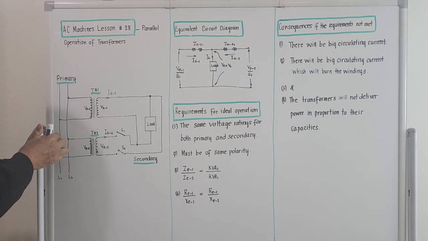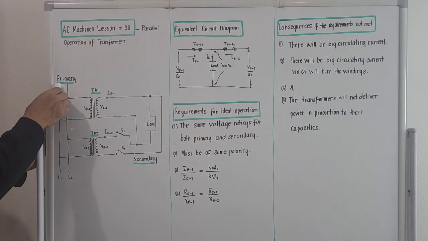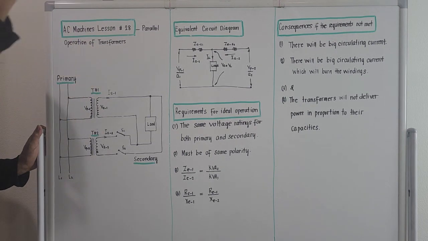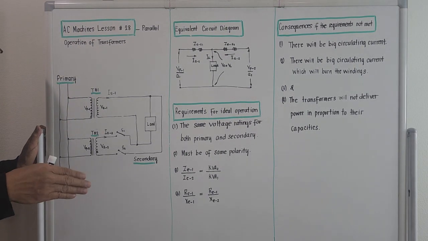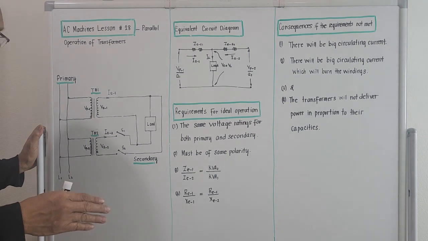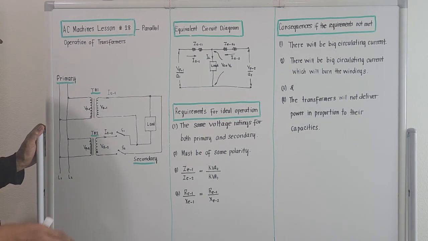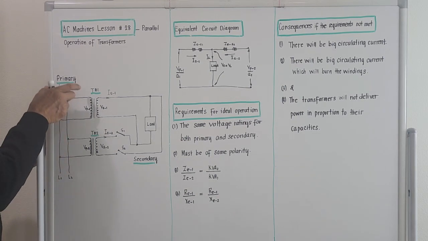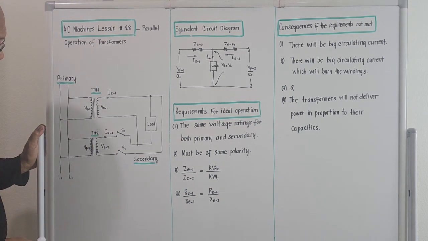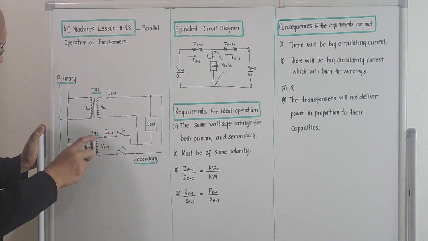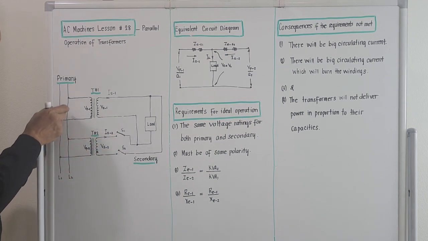These two lines here are the so-called primary line. This comes from the power plant. It could be a nuclear power plant, diesel electric plant, solar energy plant, hydroelectric plant. So this is the primary. The first transformer is connected to the primary line.